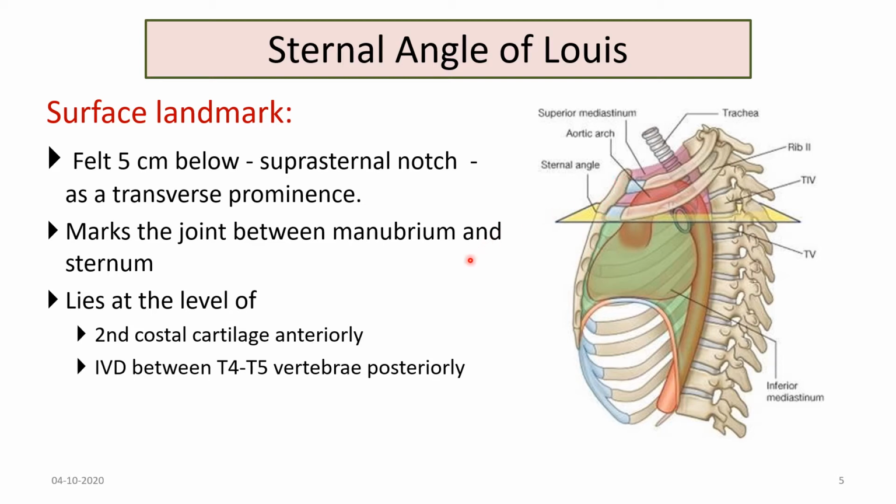It marks the junction between the manubrium and body of the sternum, and its level corresponds to the second costal cartilage anteriorly and to the intervertebral disc between the 4th and 5th thoracic vertebrae posteriorly.